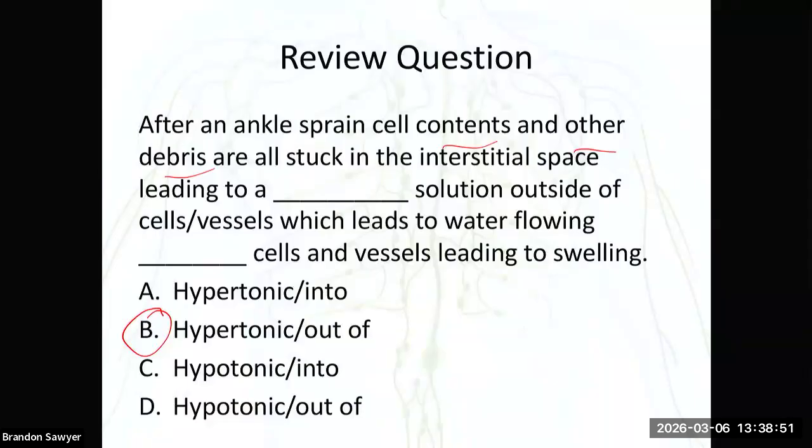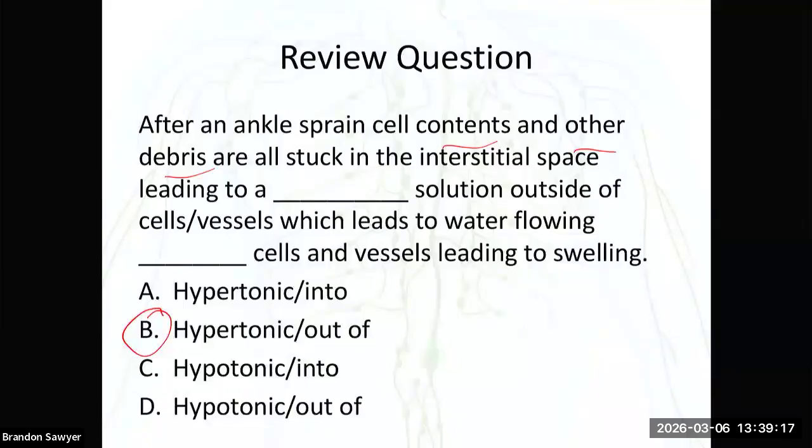And so when you have an injury like this, cells spill out all their stuff when they break, right? And then you have ligaments and other things that tear, and that leaves debris in the area too. And you have the immune system that comes in and creates a bunch of extra stuff in that space. And all that stuff amounts to solute. So we have extra solute in a space, then that space becomes hypertonic, and then it draws water towards it.